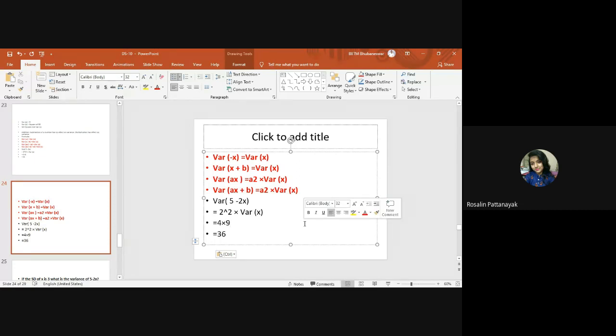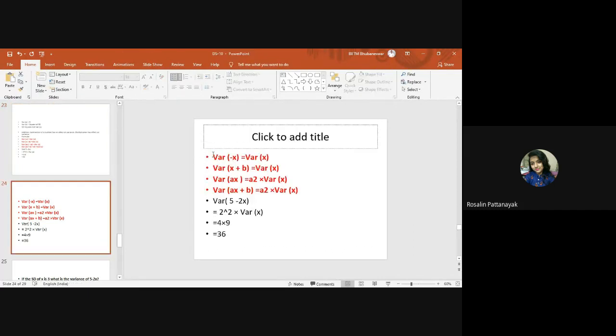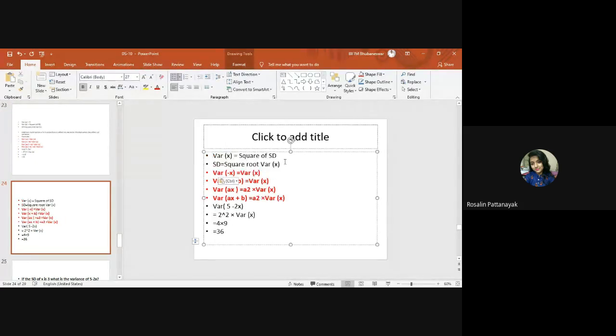Yes, sir, clear. The first formula is variance equals the square of standard deviation, and standard deviation is the square root of variance.